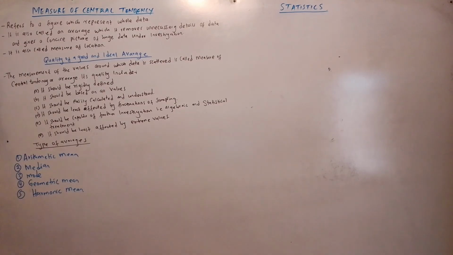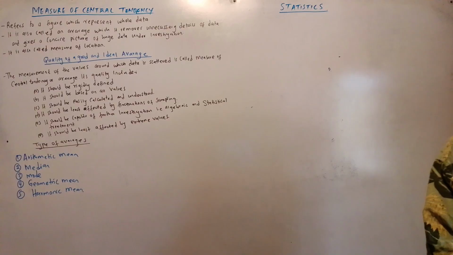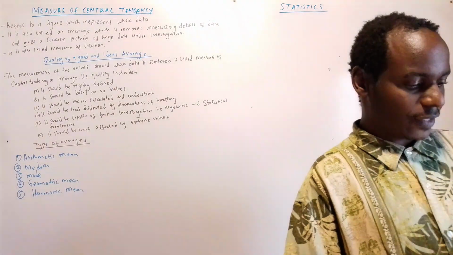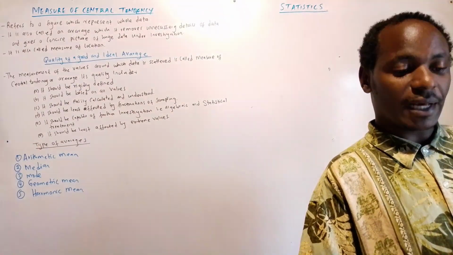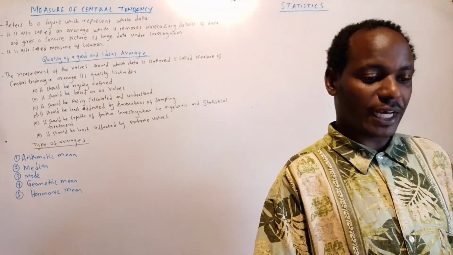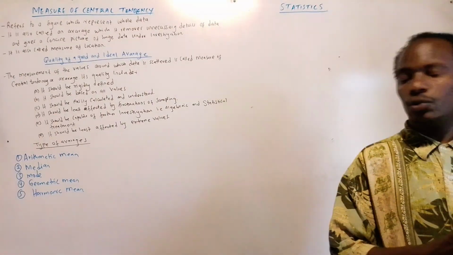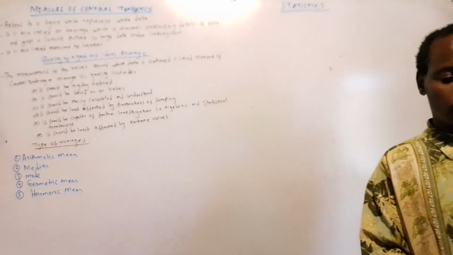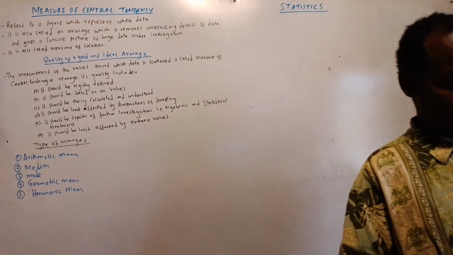So when we talk about measure of central tendency, now remember that it is very difficult to understand mass data, or when we have a lot of data. So it is very hard to understand, and therefore the issue of central tendency comes in.